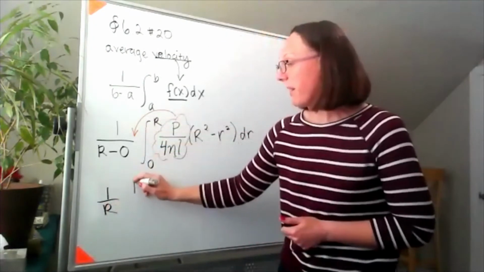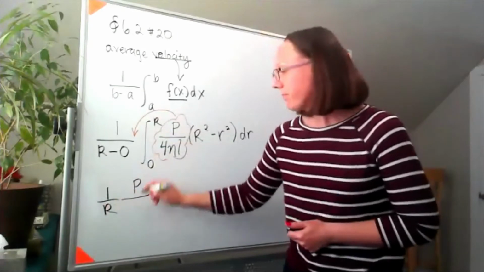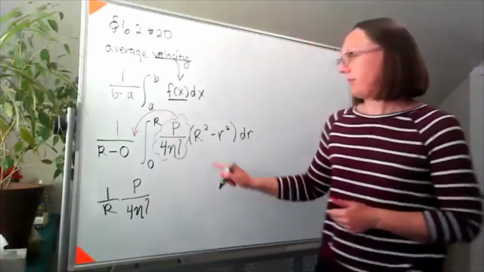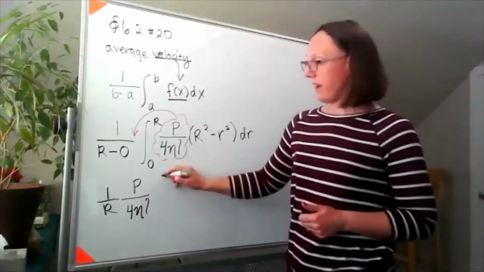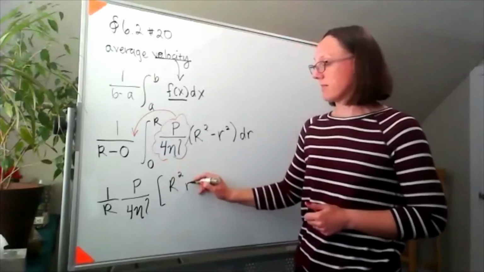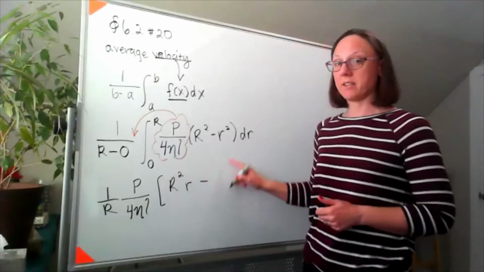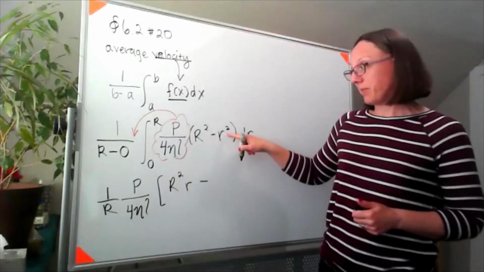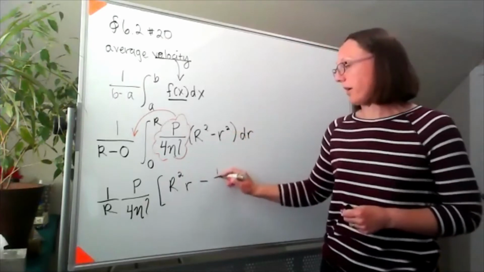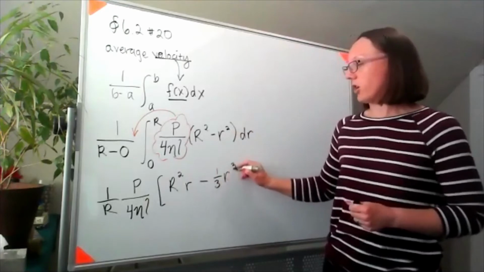Again, moving that big constant out in front, P over 4 mu L. And then when we integrate big R squared, we'd end up with big R squared times little r minus, if I integrate r squared with respect to r, I'll end up with 1/3 of r cubed.